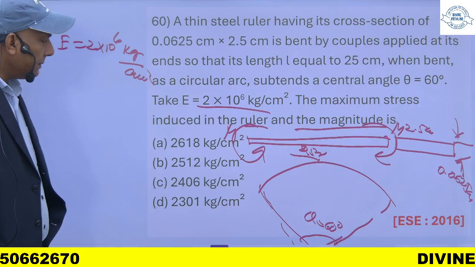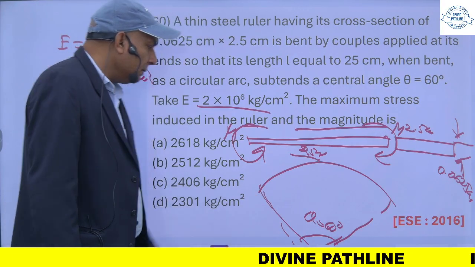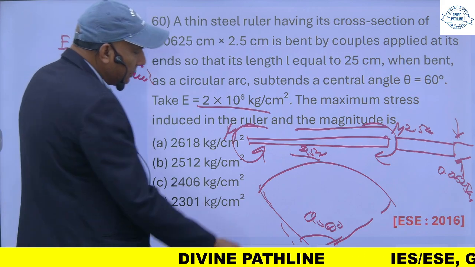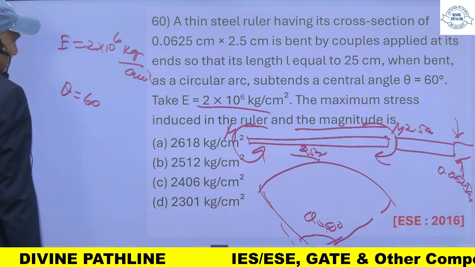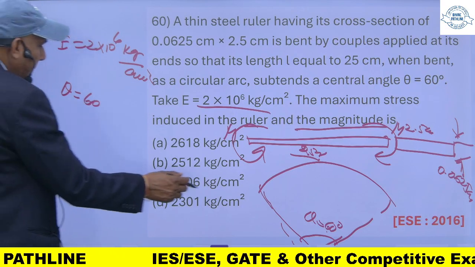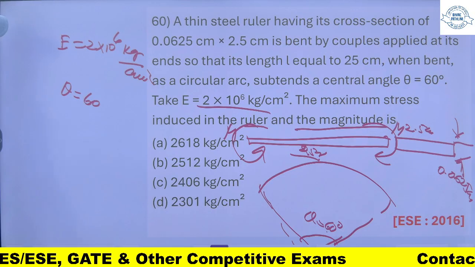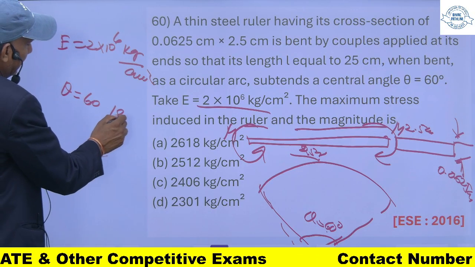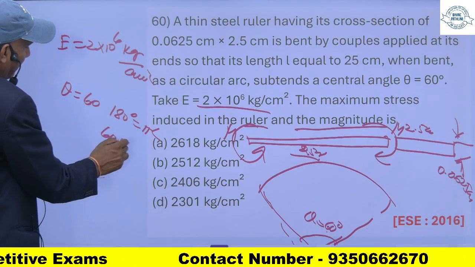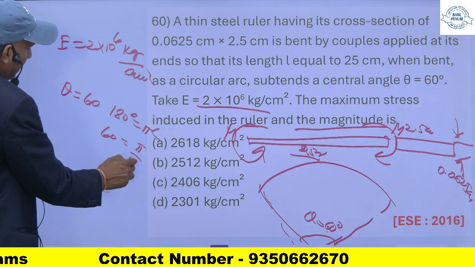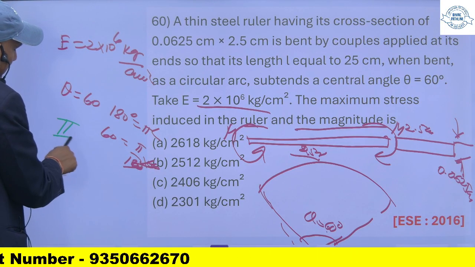In this case, as we know, this is a case of pure bending. Theta is 60 degree. If I convert it to radians, 180 degree is equal to pi radians, so 60 degree will be pi upon 180 into 60, which is pi by 3 radians.